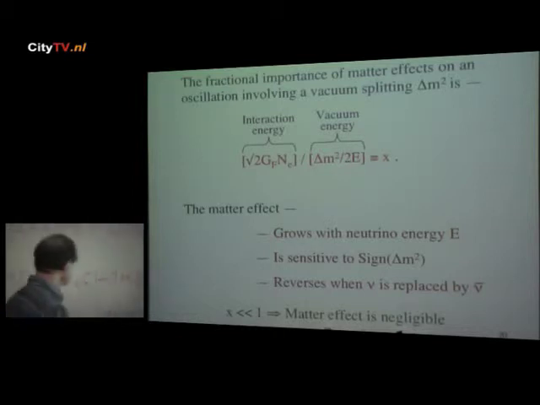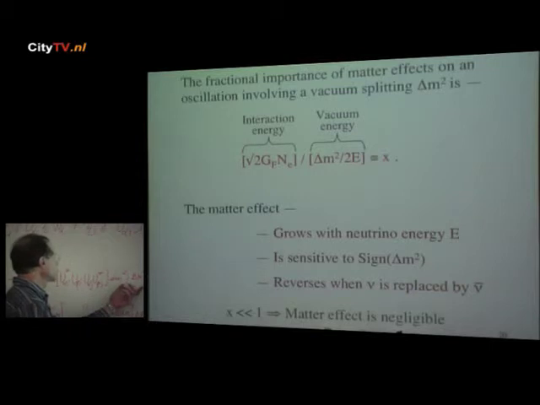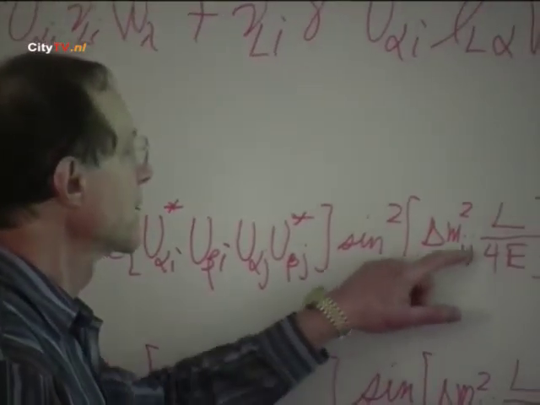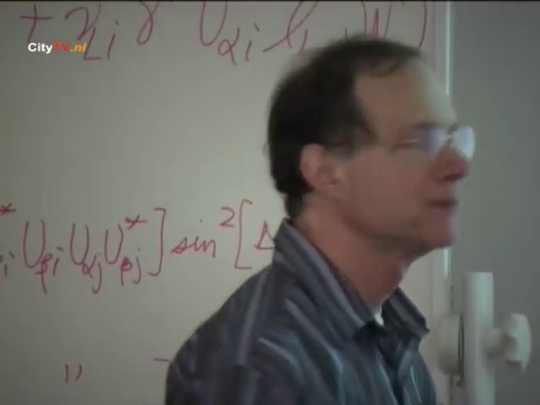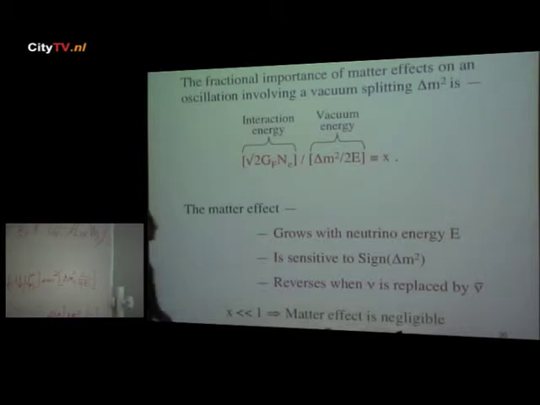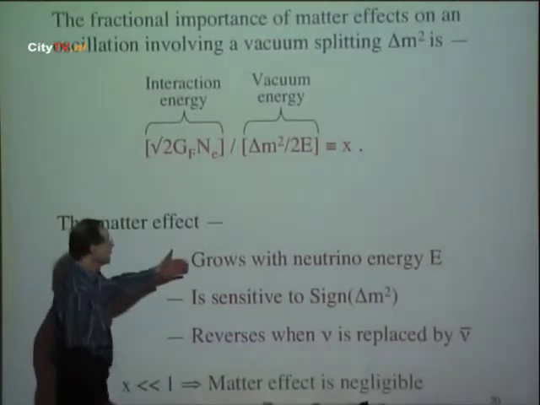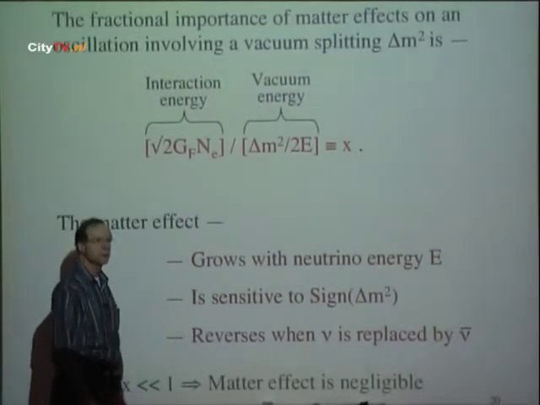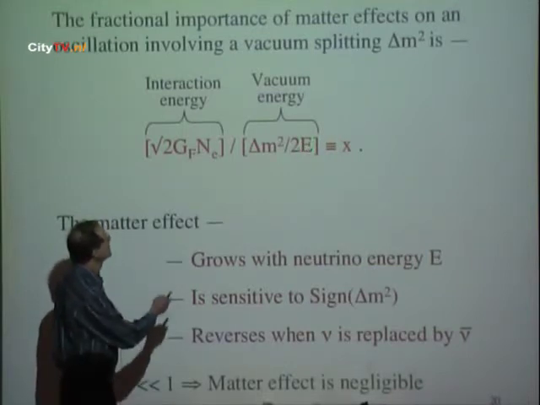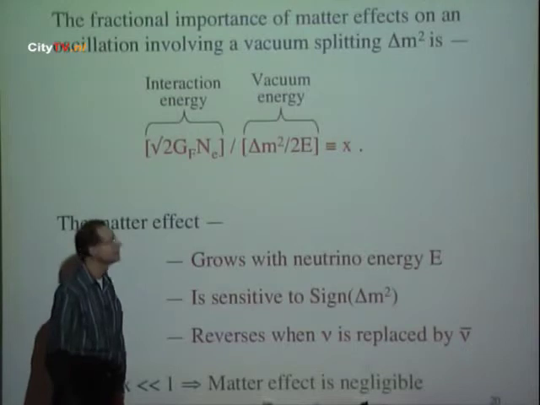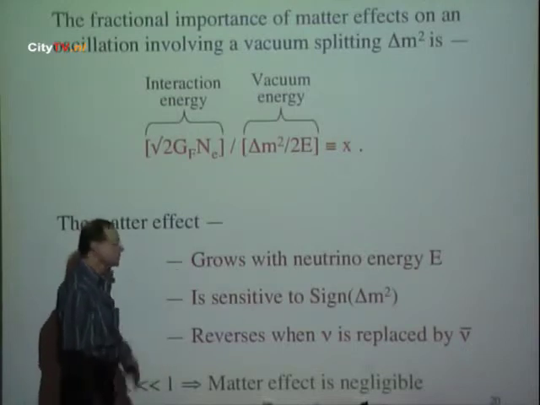And before I change this into a sine squared function from the cosine that it was before, that was delta m squared L over 2E. So this is x. And now some comments about x. It grows with the neutrino energy, because this is in the denominator of the denominator. So the bigger the energy is, the bigger the matter importance.